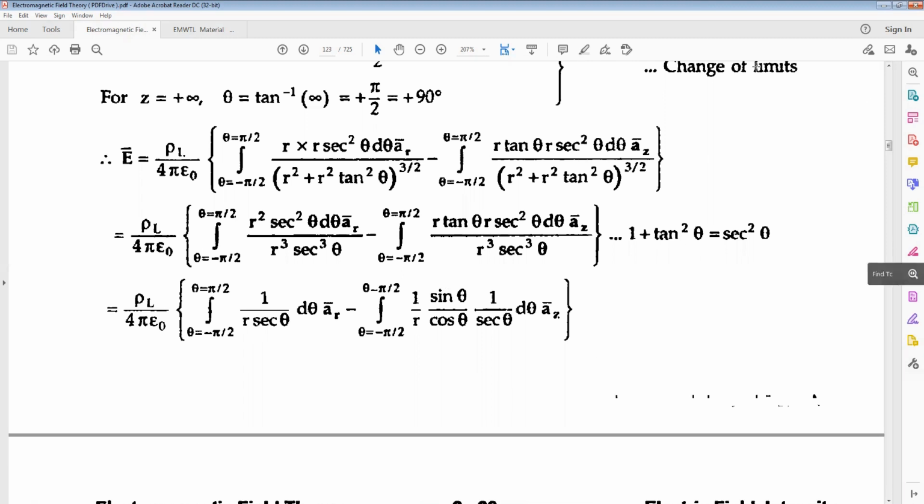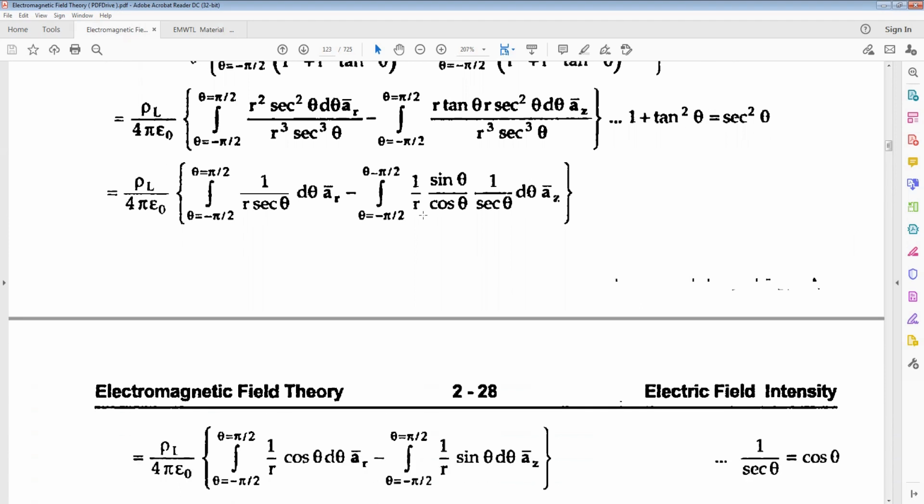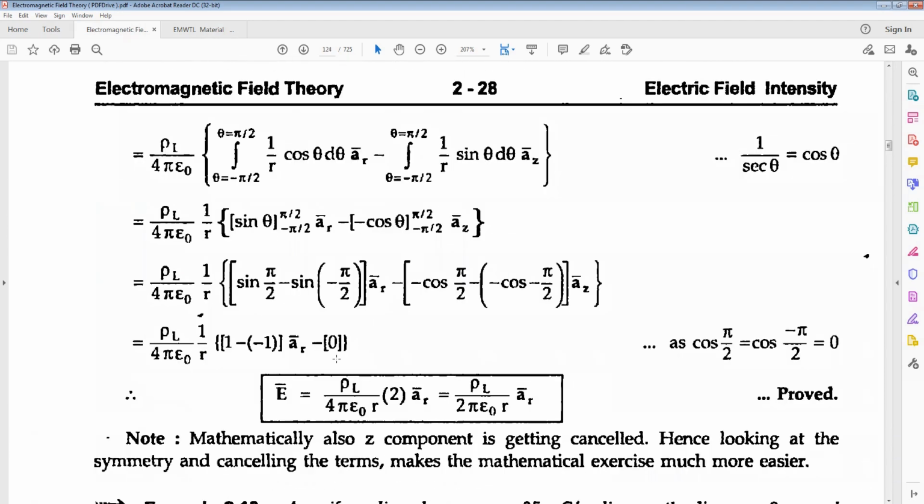Cos pi by 2 is 0, so the second term becomes 0. Even if you keep that z component and continue the process mathematically, the second term becomes 0. The first term, 1 minus of minus 1, is 2. So rho L by 2 pi epsilon naught r into a_r.